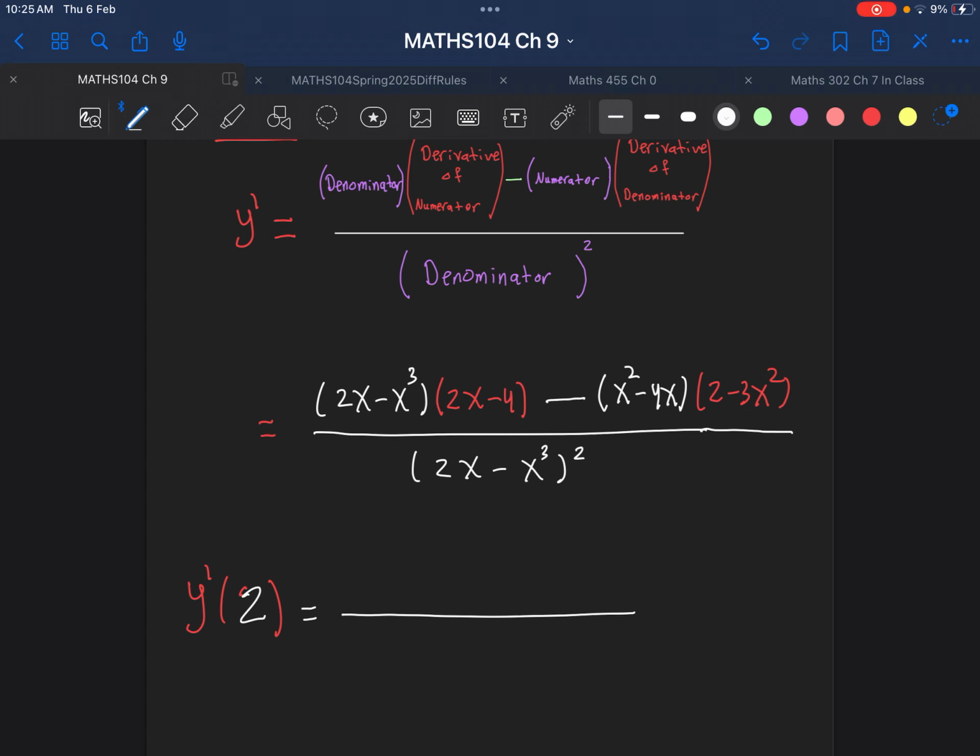If we do it with the calculator and if we do it correctly, this will be minus 40 here, divided by 16.